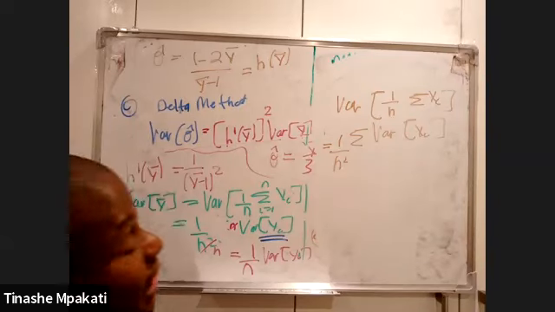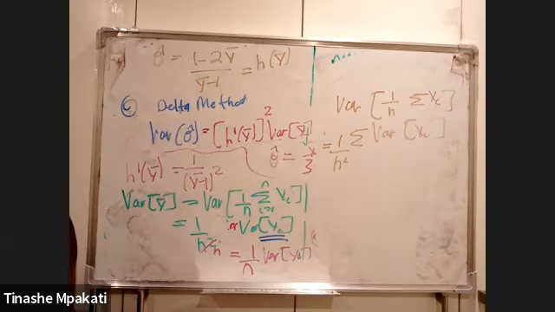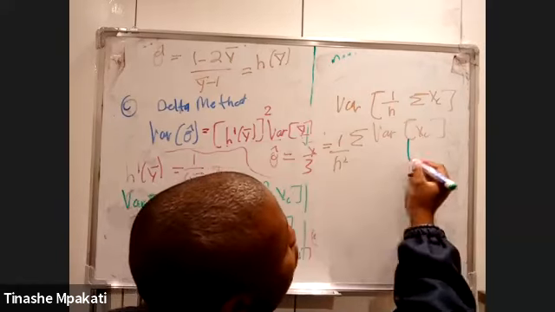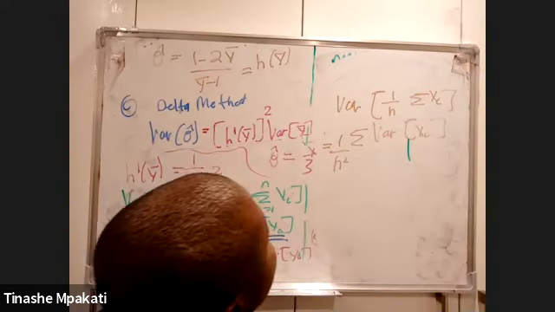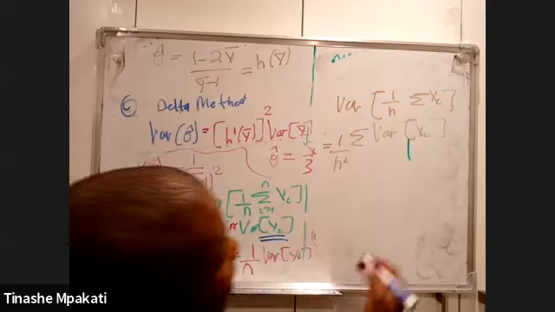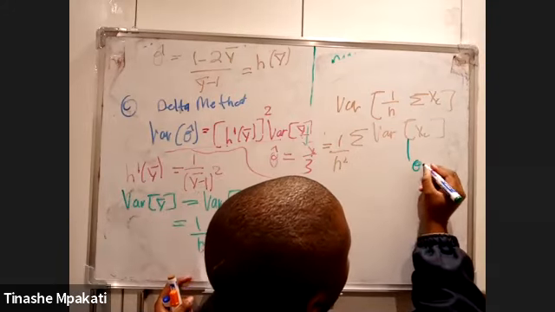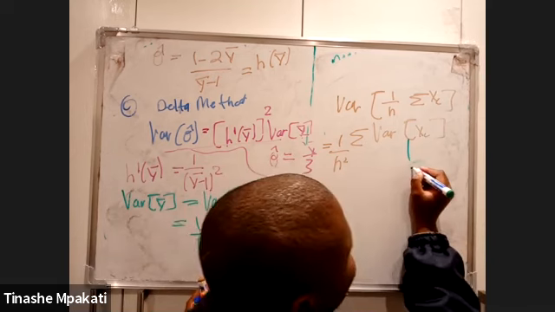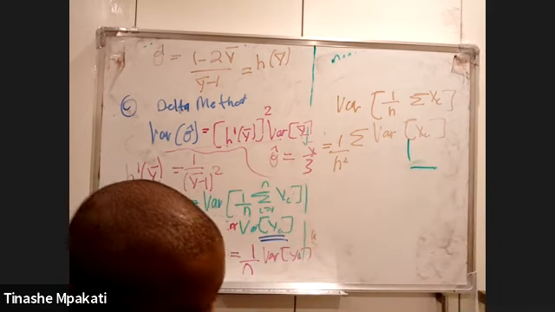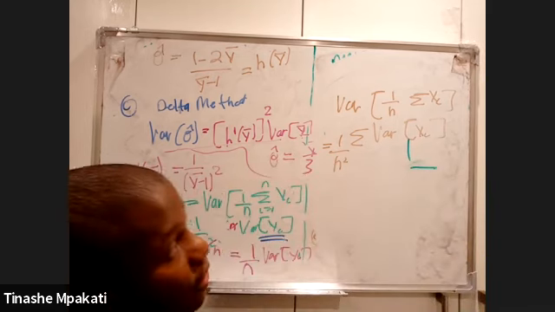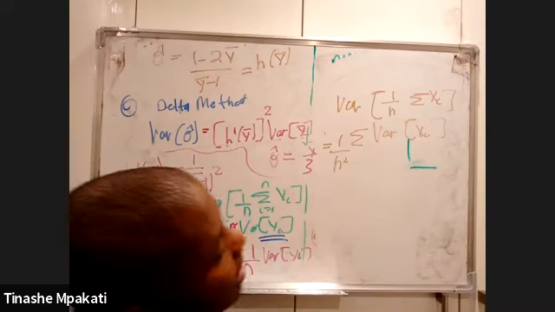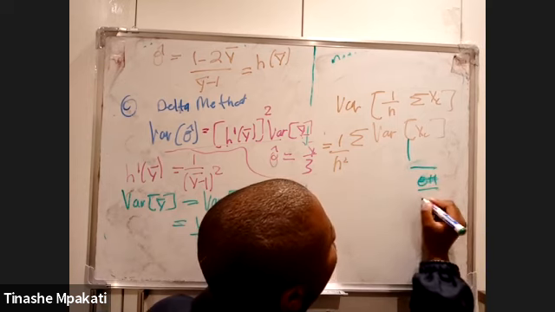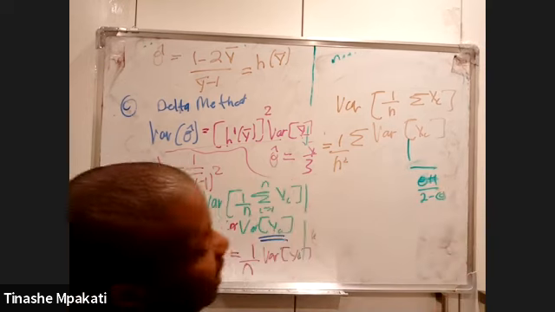So before you even change that to an n, you can go on to find what your variance of y is. Maybe you will find that the variance of y there will be theta. Maybe it will be some function, but from that function you can definitely see that it's a constant and not a random variable, right? Maybe it will be something in the form of theta plus 1 over 2 minus theta, something like that, right?